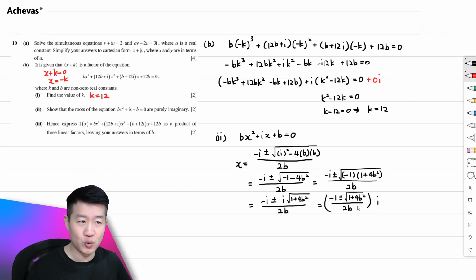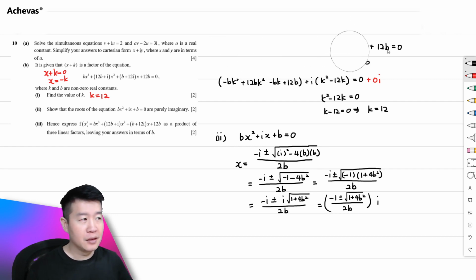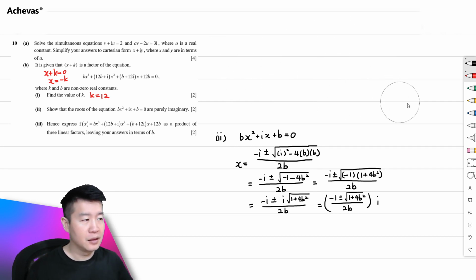Okay, this is part 2. It is purely imaginary. And for part 3, we are supposed to re-express f(x) as 3 linear factors.